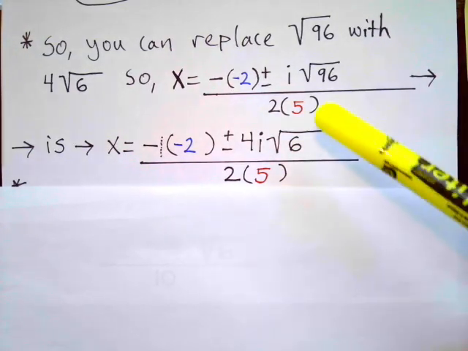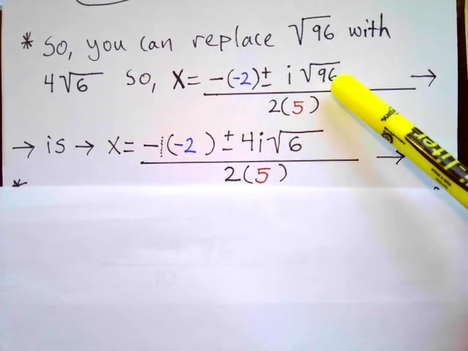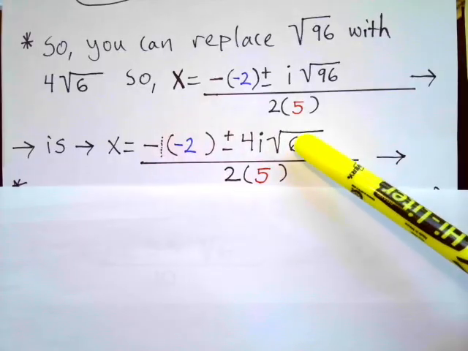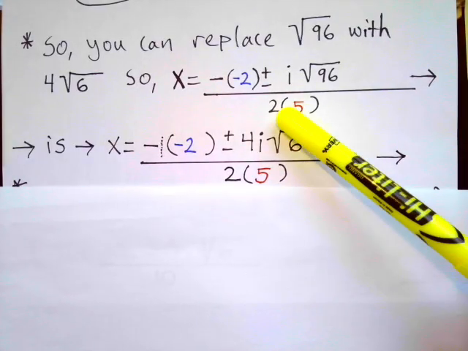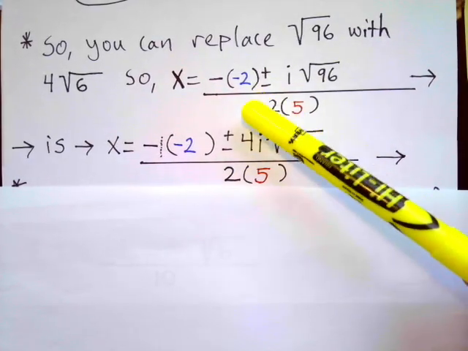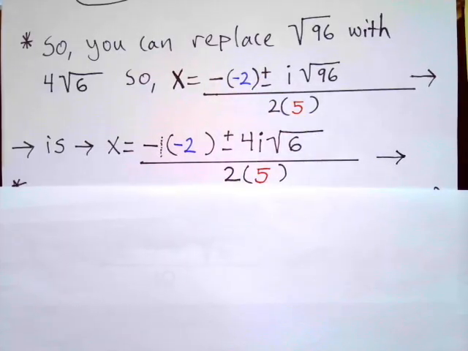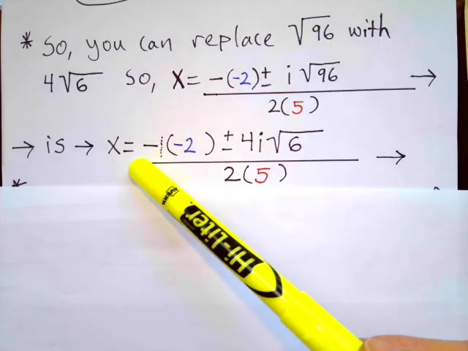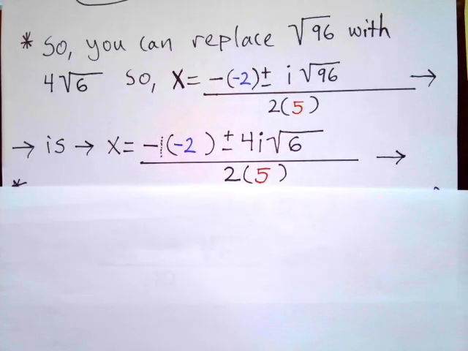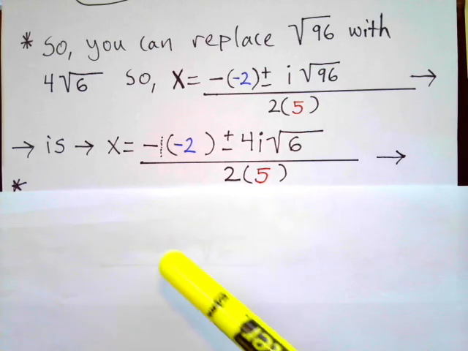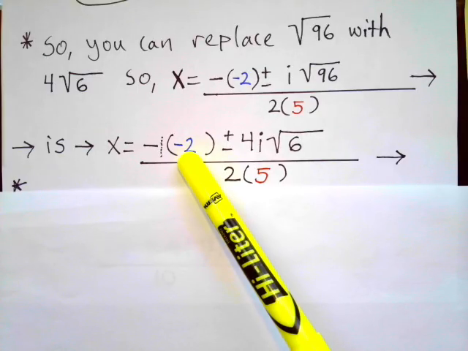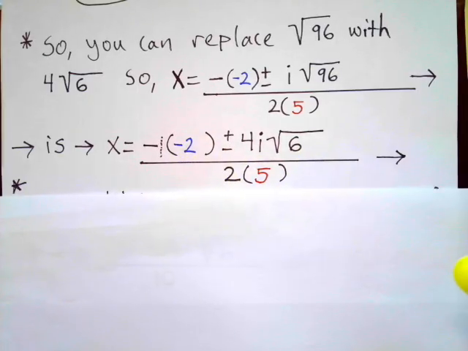All I did is I substituted that i times the square root of 96 with 4i times the square root of 6. Everything else should look exactly the same. And there's that invisible 1. That's an invisible negative 1. I'm going to distribute that times the negative 2. So a negative 1 times a negative 2 is a positive 2.